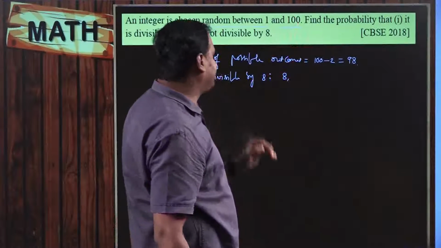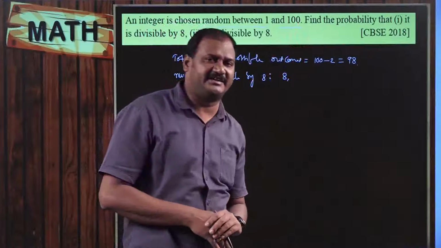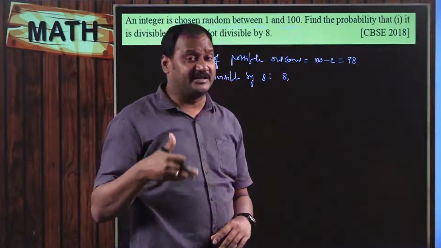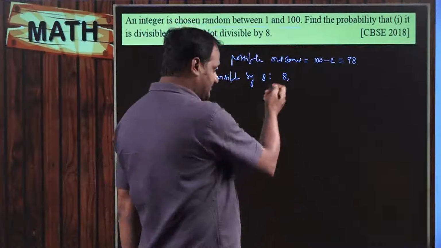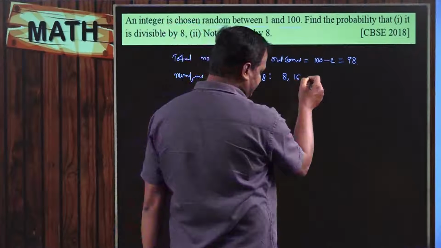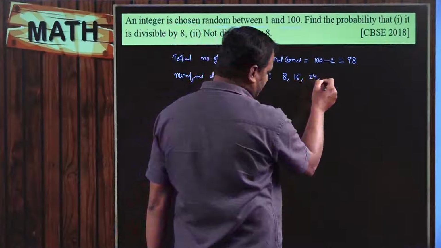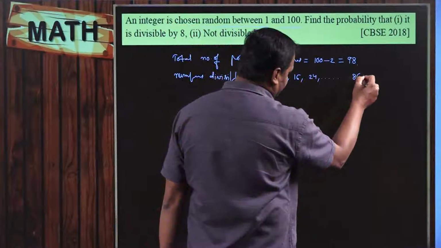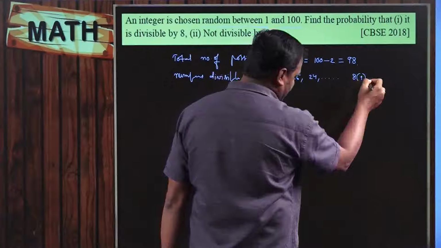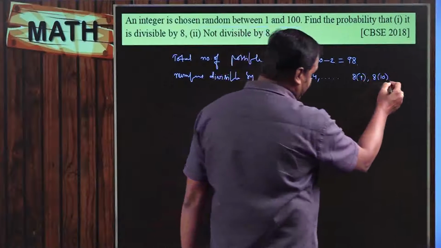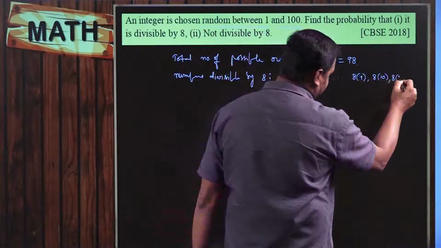Now, if you want to take the numbers divisible by 8, you simply take the multiples of 8. 8 ones are 8, 8 twos are 16, 8 threes are 24, and so on. 8 nines are how much? 8 nines are 72, 8 tens are 80, and 8 elevens are 88.